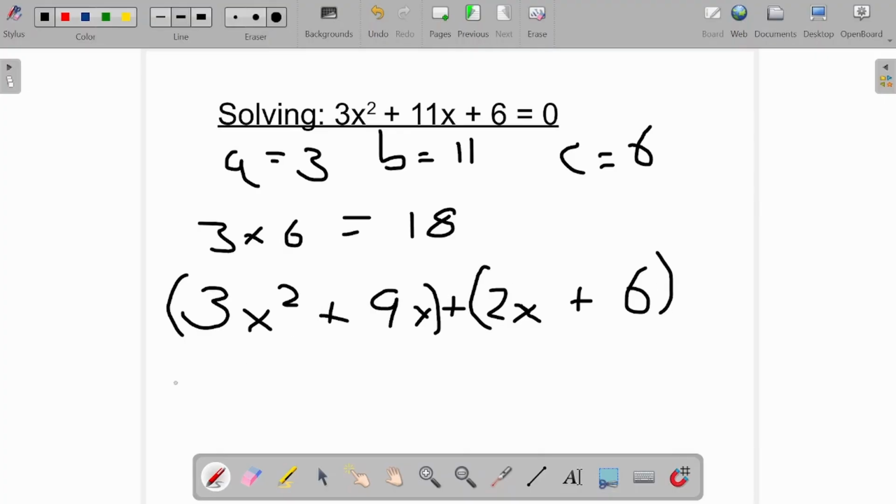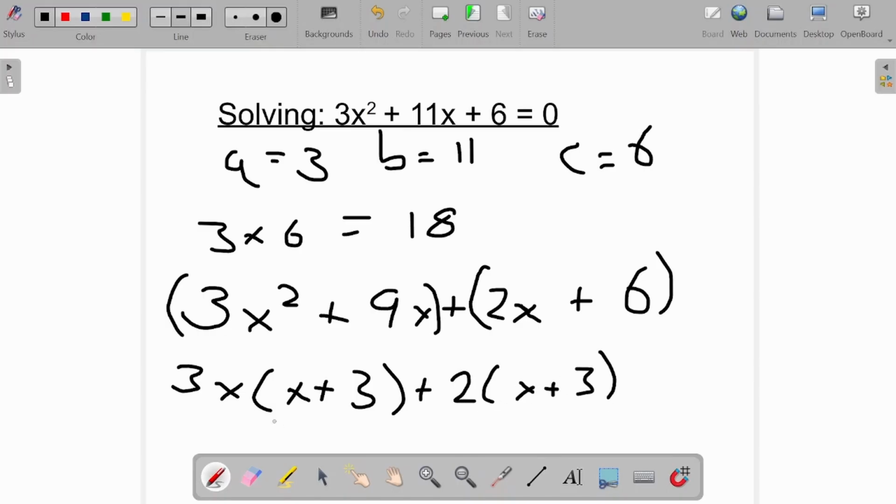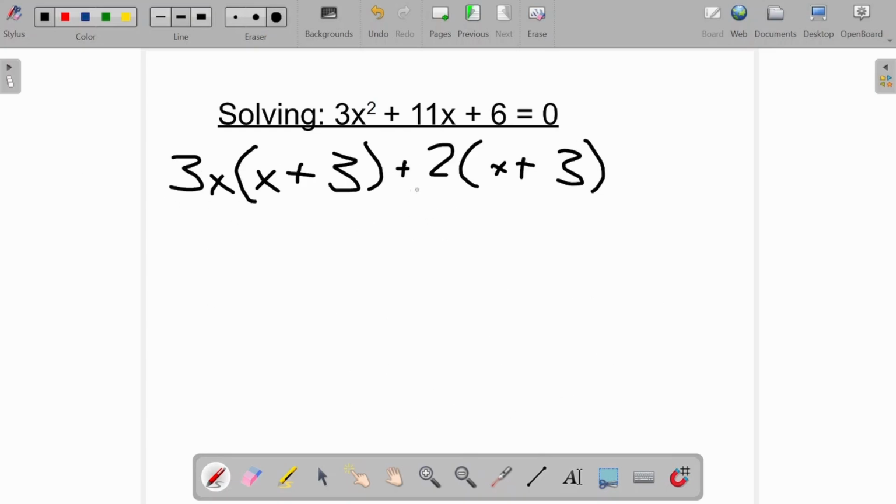Now for this one, we can take out a 3x, so it becomes x plus 3. And for this one, we can take out 2, so it also becomes x plus 3. It's important to have these two brackets be the same. Now we can take this 3x plus 2 and put it in its own bracket next to the other one, x plus 3.